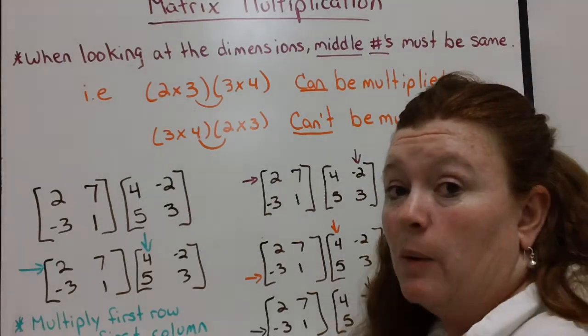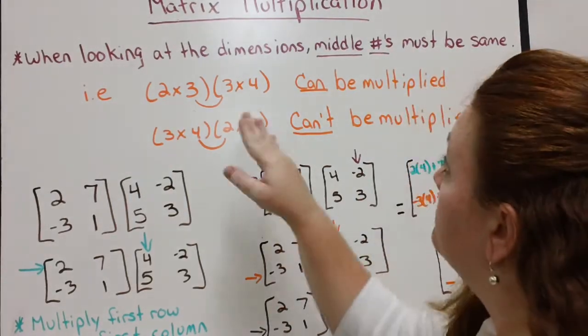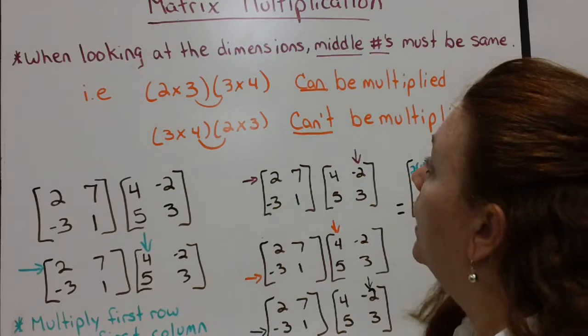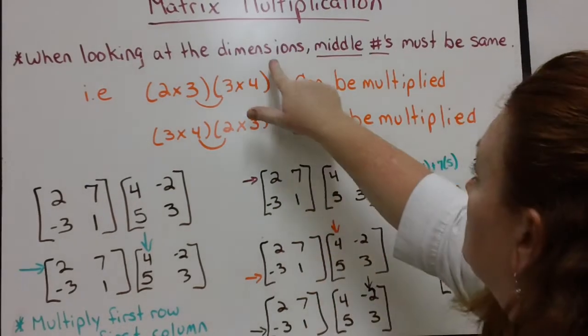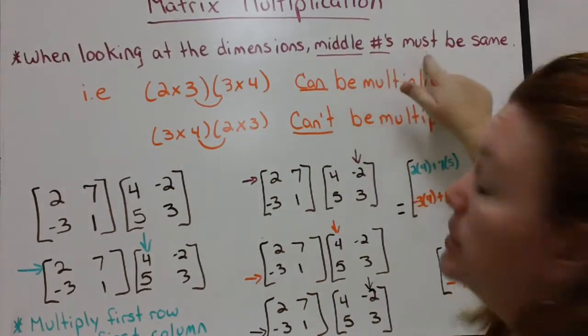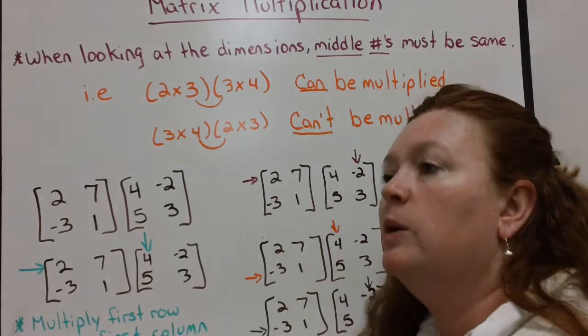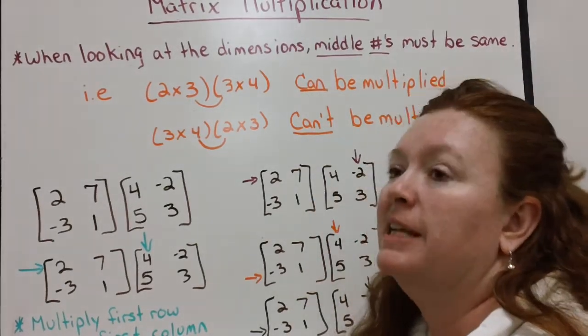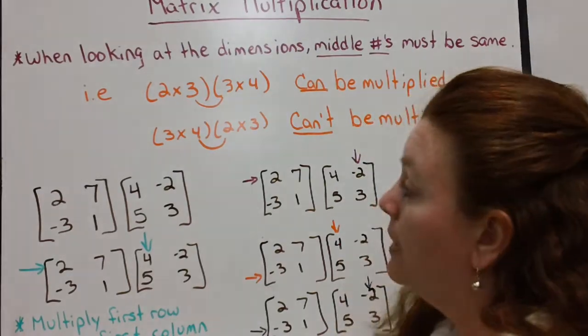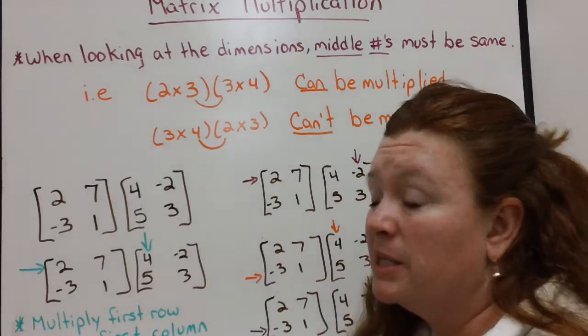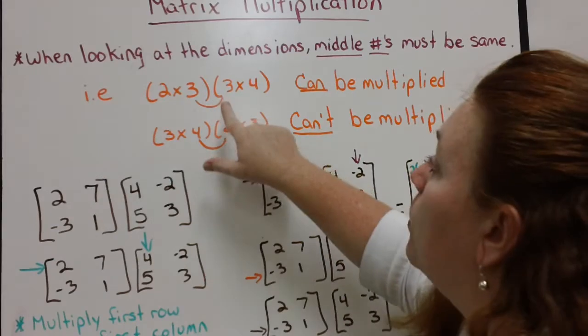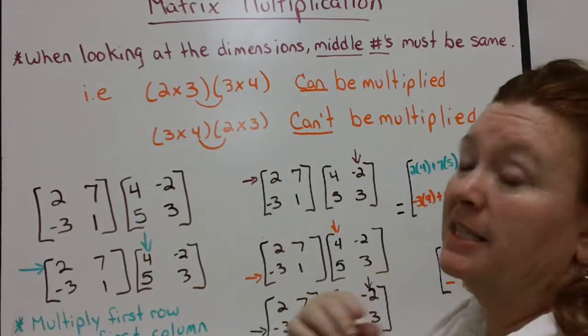The next topic that I want to go over, though, for you to review is matrix multiplication. When looking at the dimensions, the middle numbers must be the same. So unlike adding and subtracting, we don't need to have the matrices the exact same size. Matter of fact, sometimes being the exact same size won't work. What's important is that the middle number is the same.